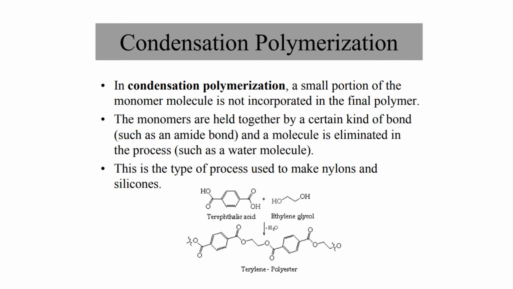Now, the example there is an example of a biopolymer, something that occurs naturally, but synthetically, these condensation reactions are used to create a lot of polymers of commercial relevance, things like nylons and silicones.